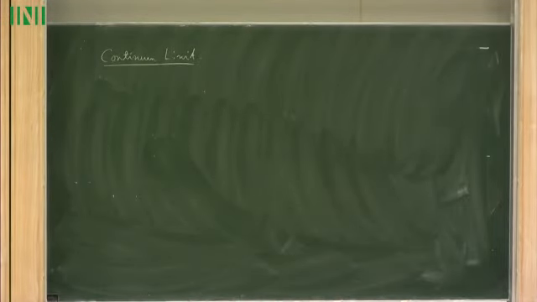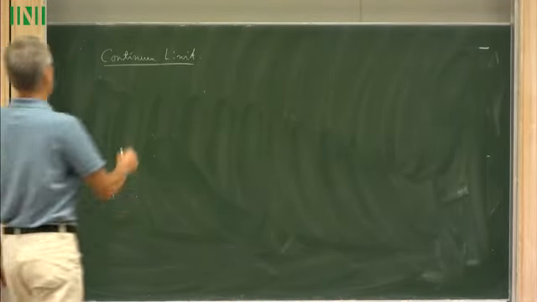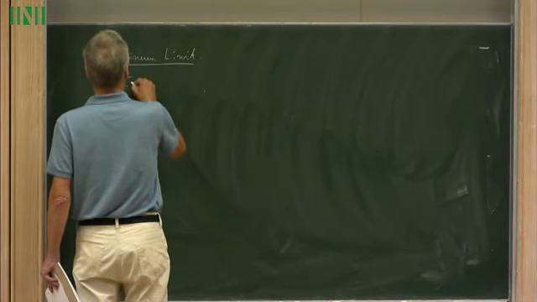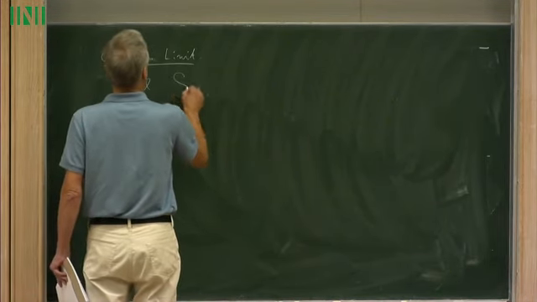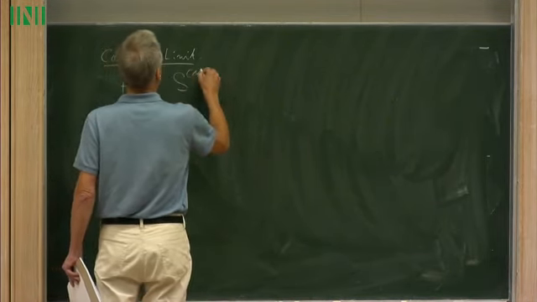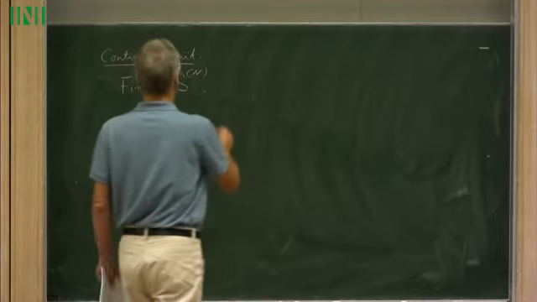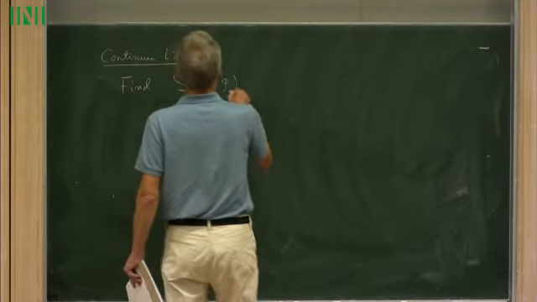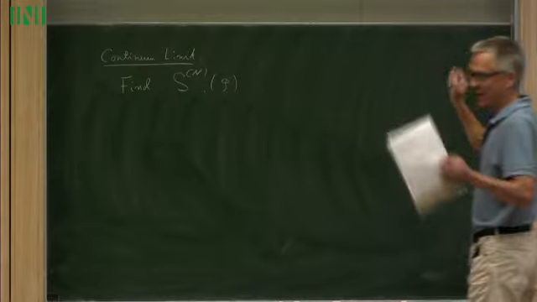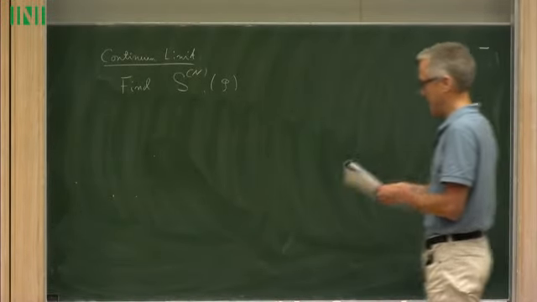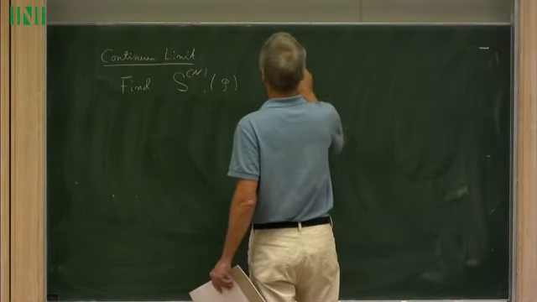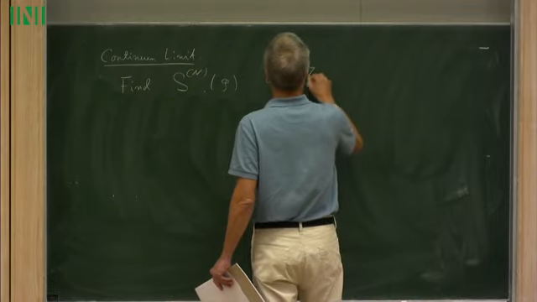Okay, so what is that? Well, that's a question. Find a cutoff thing. So find some action with counterterms, like what we already discussed before. So this is on L^{-n} Z^d.